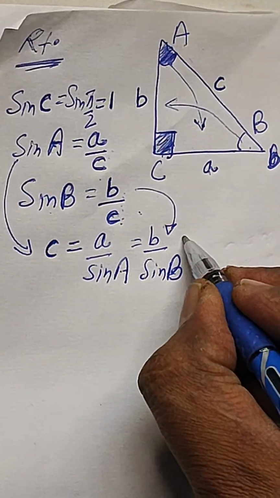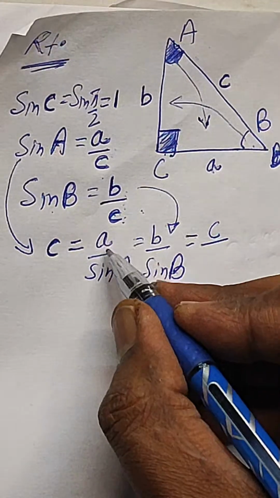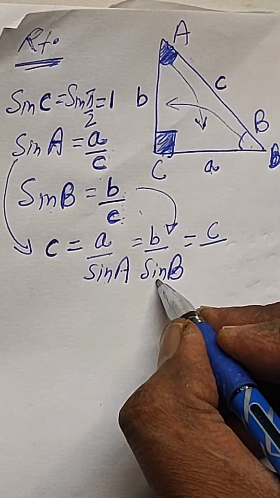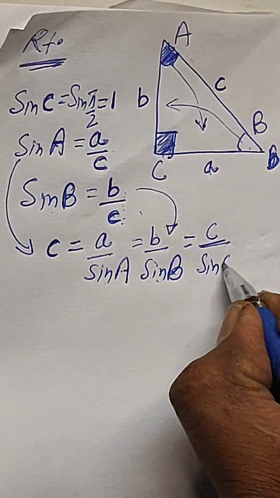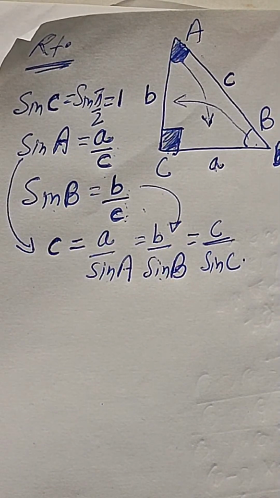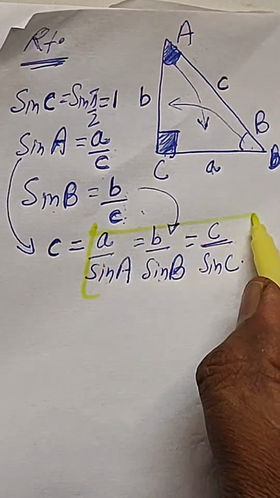So it's easy, and we can prove that for a right angle triangle also, as we have proved A by sine A equal to B by sine B, the same can be proved as equal to C by sine C. So for a right angle triangle also, we can see that the sine rule is equally valid, okay?